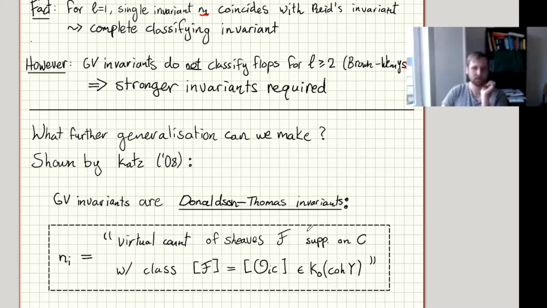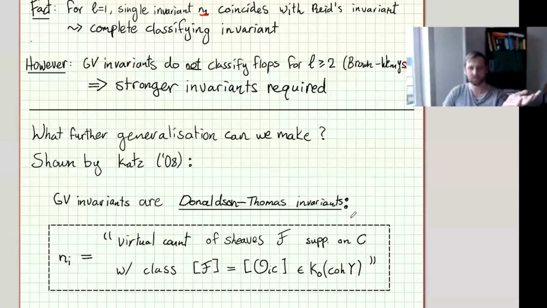So they're some sort of virtual count of sheaves supported on the curve. So this is some virtual Euler characteristic of some moduli space of sheaves. That's a bit vague, of course, but that's the idea.